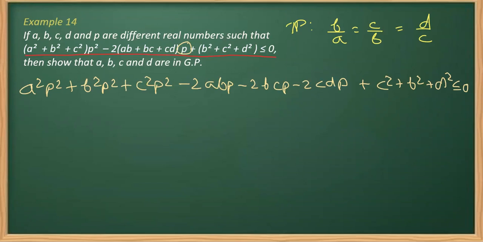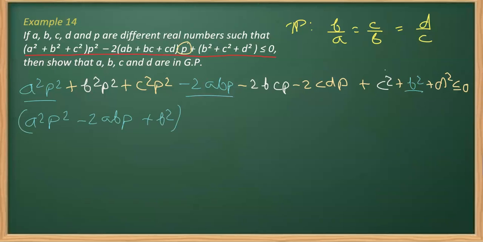Right, what we can see here is that there are identities that can be framed using these. So you can see that these can be clubbed together to form an identity. Let me write down A square P square minus 2ABP plus B square.